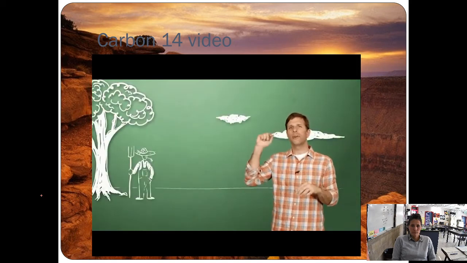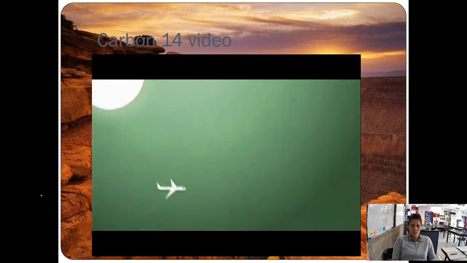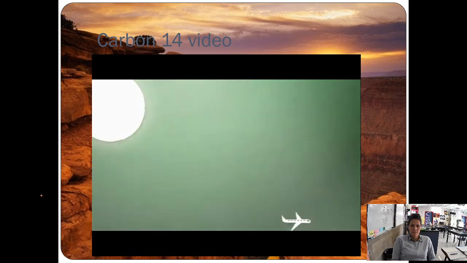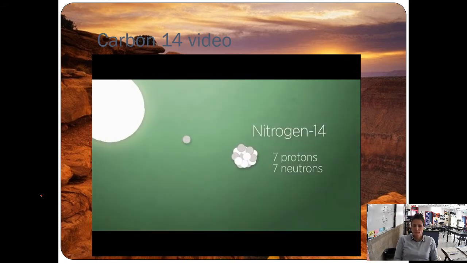All of this starts in the upper atmosphere of Earth, where it's constantly bombarded by cosmic rays. One of the things these cosmic rays do is knock neutrons off of some atoms and protons off of others. Before you know it, the nice, stable, family man nitrogen-14 atom has gone crazy and becomes what's known as a carbon-14 atom, which is radioactive.